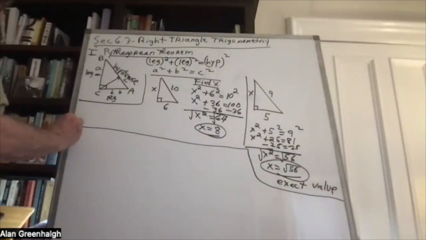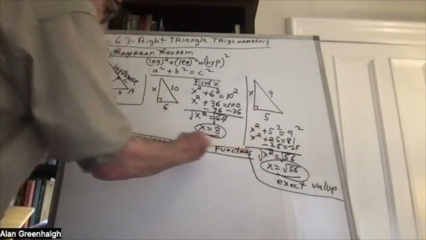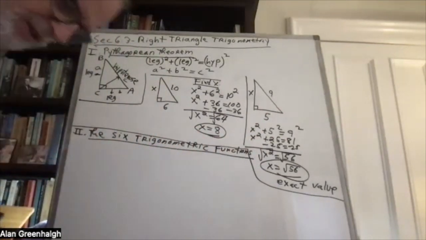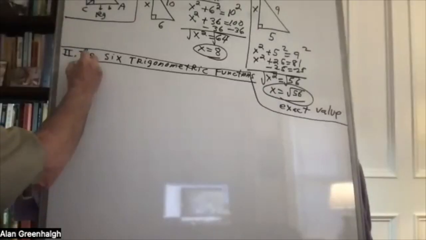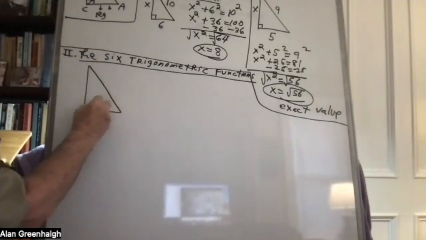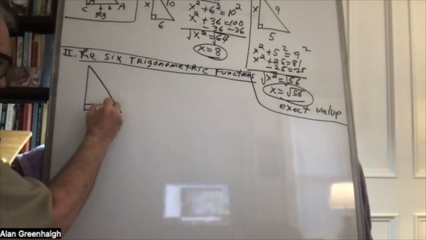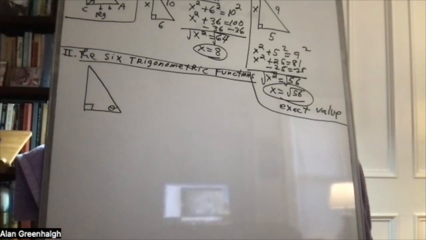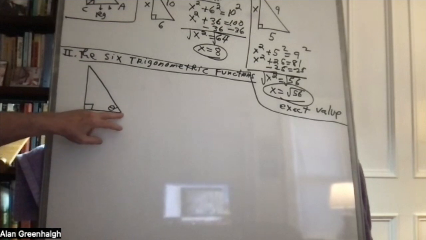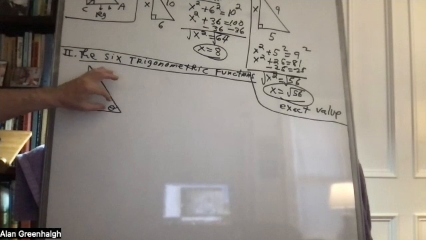Okay, number 2, the 6 trigonometric functions. What do we mean by this? Let's go back to the right triangle. Put the little box there, which means right triangle. This angle is theta. Rather than call it A, B, C, you could just say the angle is theta.